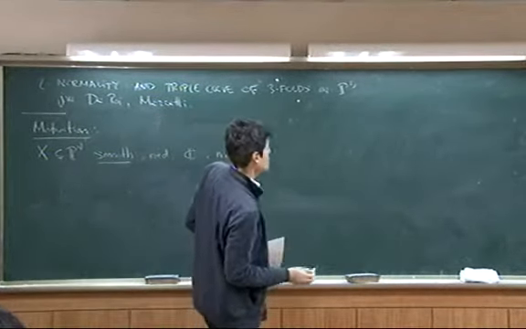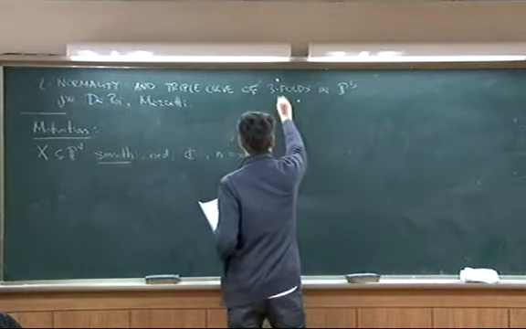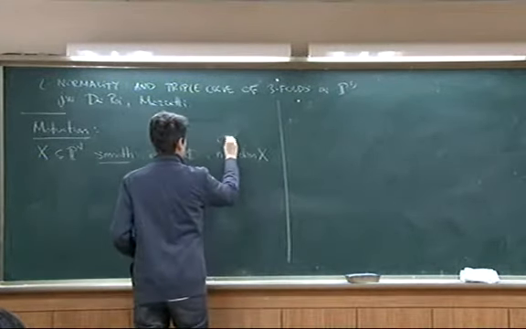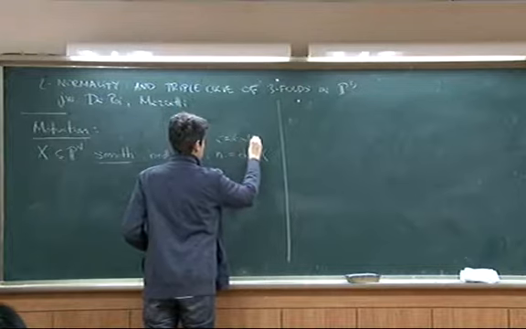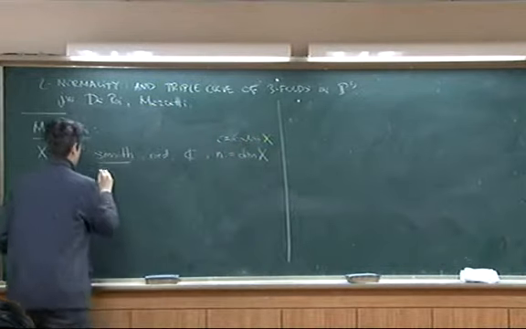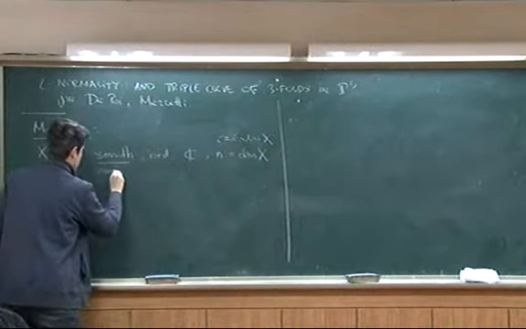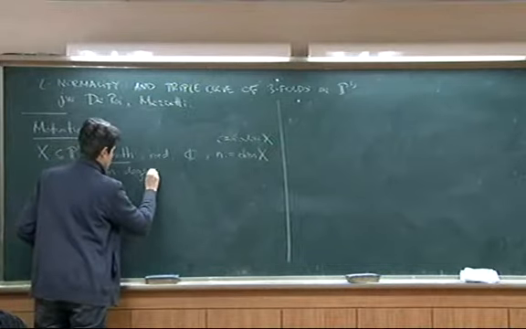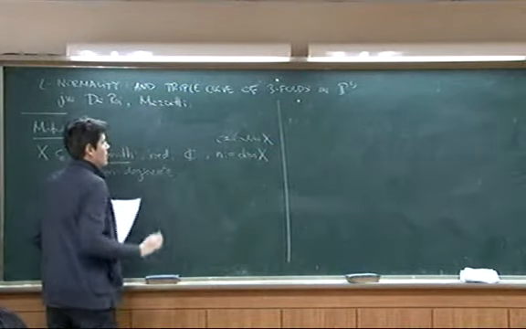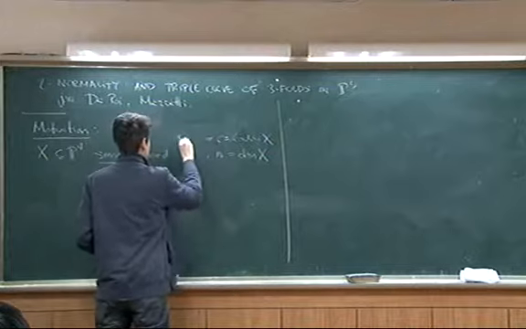Again, X is non-degenerate, and C will denote the codimension, so this number is nothing but N minus n.